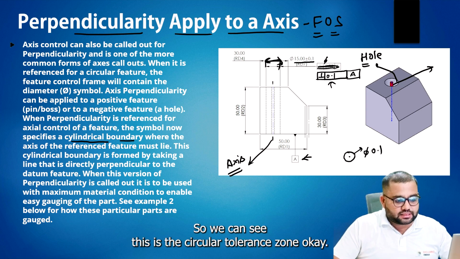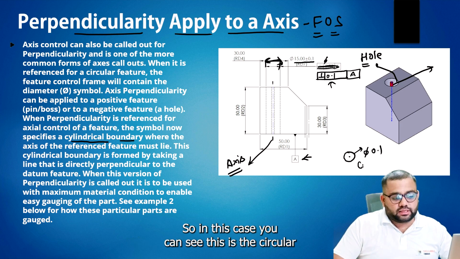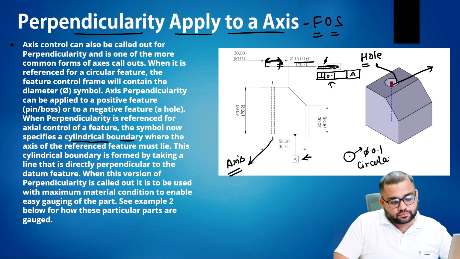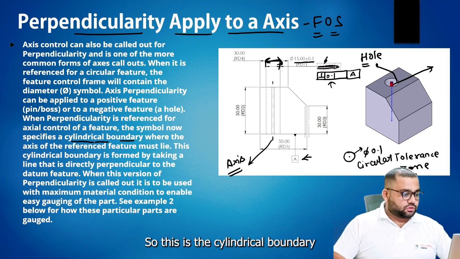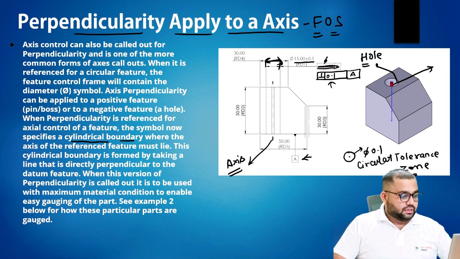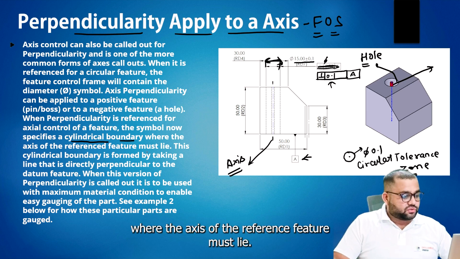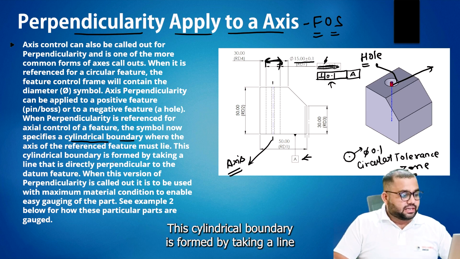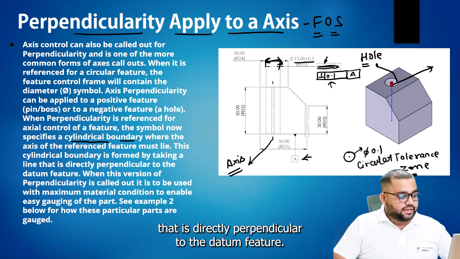So we can say this is the circular tolerance zone. So this is the cylindrical boundary where the axis of the reference feature must lie. This cylindrical boundary is formed by taking a line that is directly perpendicular to the datum feature.